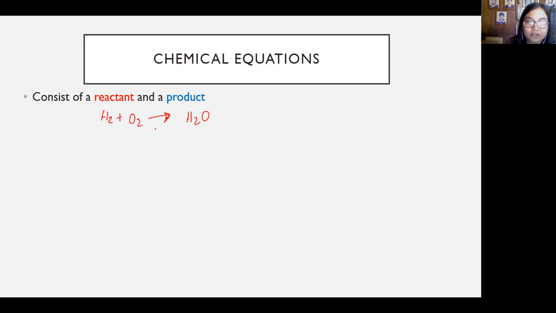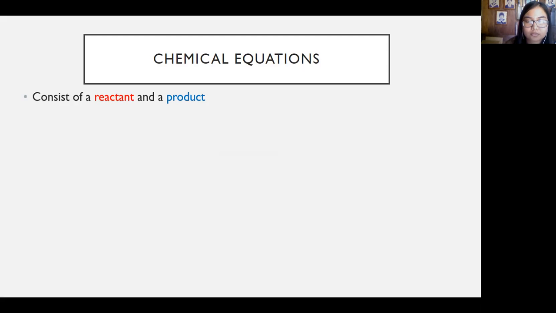So, dahil meron tayong 1 mole ng H2 and meron daw tayong dalawang oxygen dito, pero sa kabila, isa lang. Ulitin ko lang. H2 plus O2 will yield H2O.